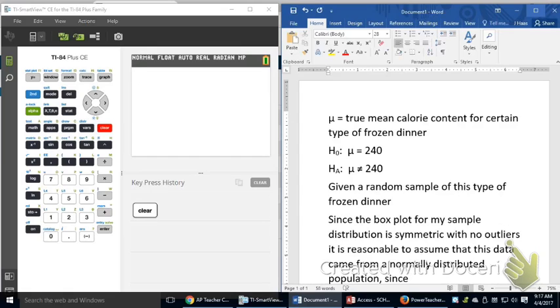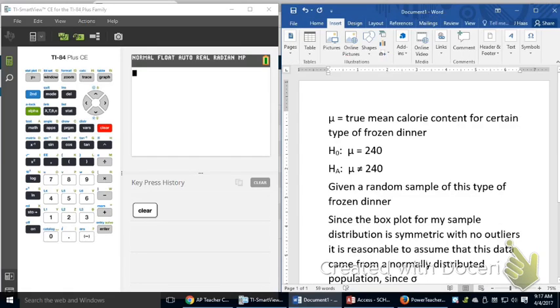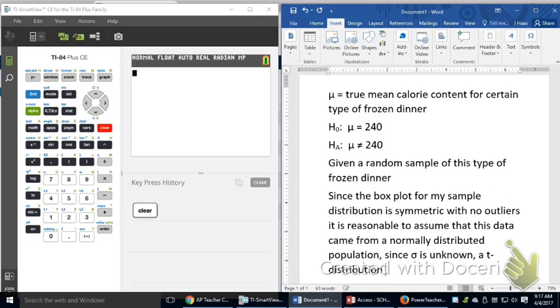Since sigma is unknown, a T distribution would be appropriate.